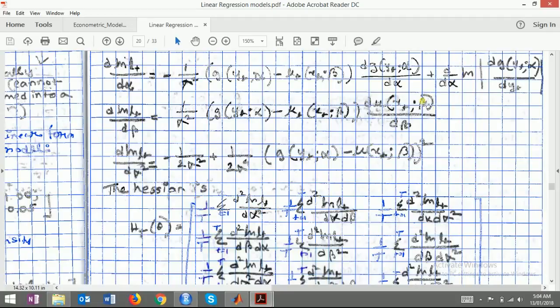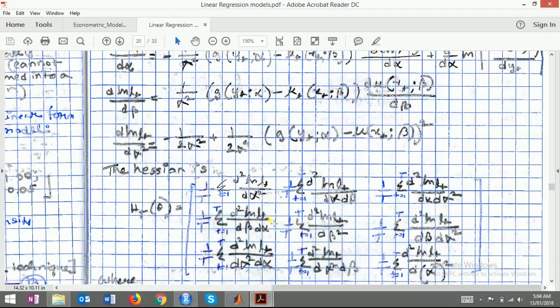The last part will have ∂/∂α with the nonlinear function g(y_t, α), then ∂/∂β transpose with u_t. So this becomes ∂β transpose. But no, we are not talking about ∂β squared, I'm sorry, we are talking about ∂α∂β.